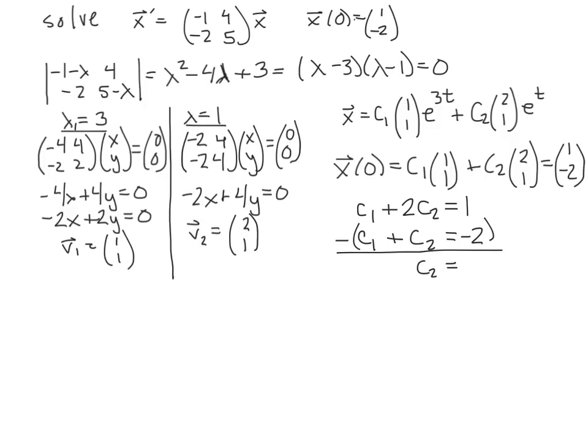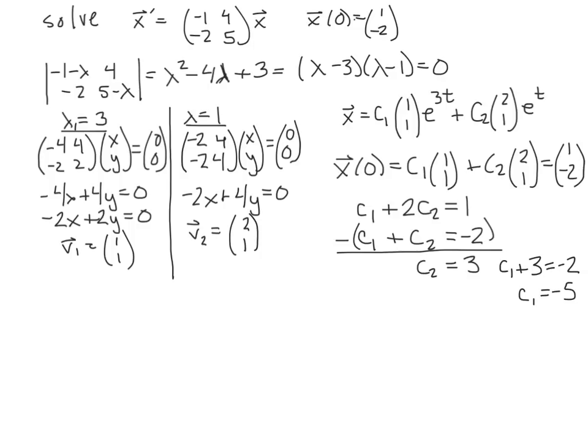And 1 minus a negative 2, so that's 1 plus 2 is 3. So C2 is going to be 3. And that would make, let's see, I'd look at this equation right here. So I'd have C1 plus 3 is equal to negative 2, so that would make C1 negative 5.